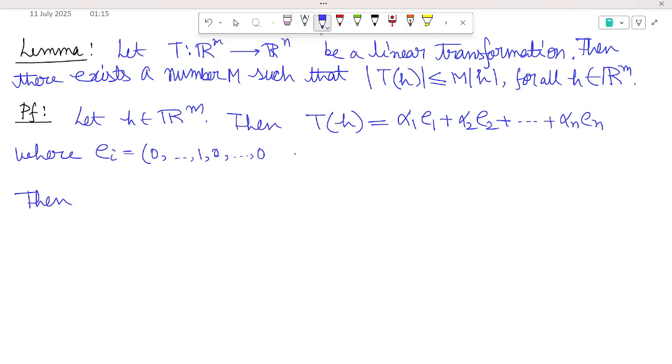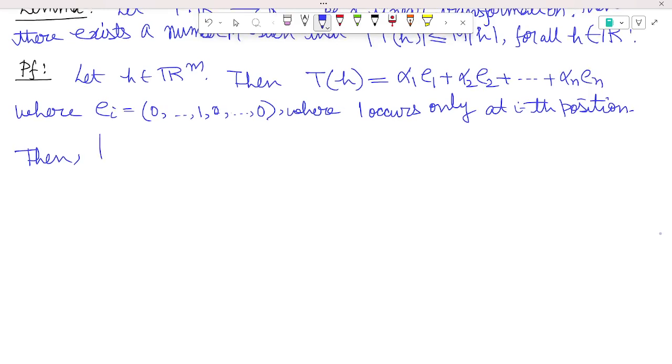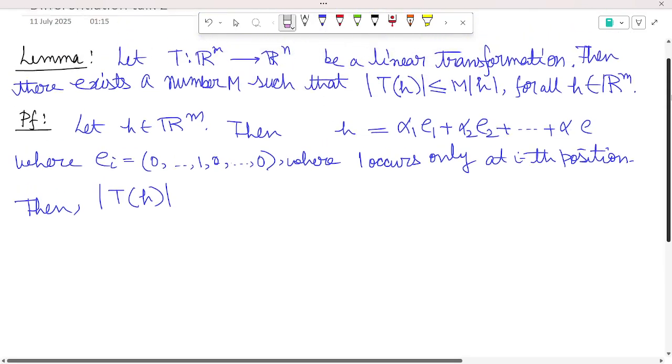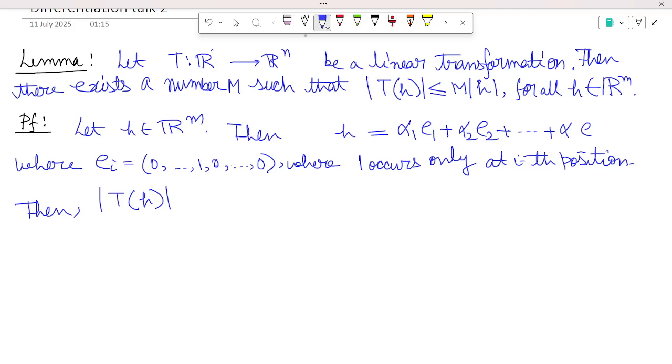Then what is T of h? Let h be this thing first. So it is coming from Rn.